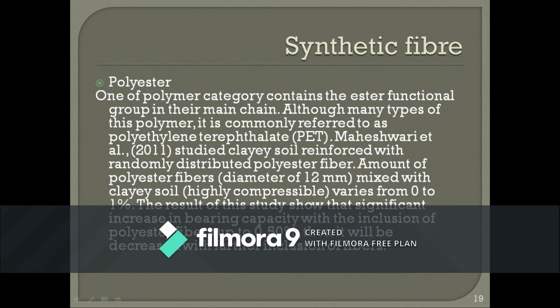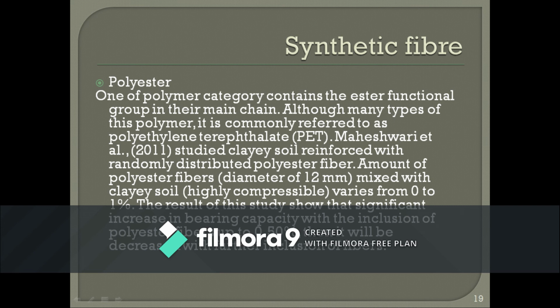The next synthetic fiber we use is polyester. It is also one of the polymer category, containing the ester functional group in its main chain. Although there are many types of this polymer, it is commonly referred to as polyethylene terephthalate, PET.